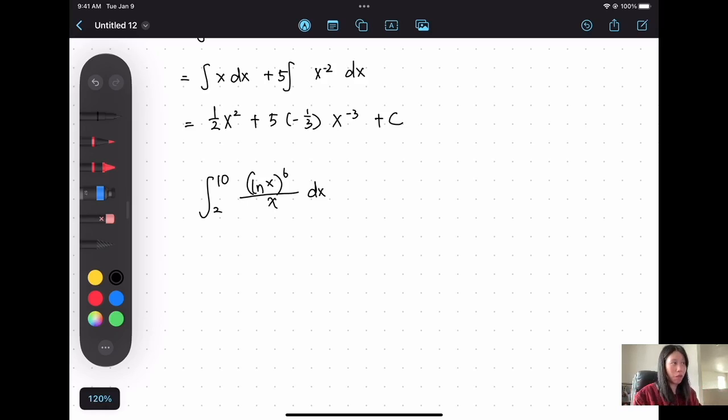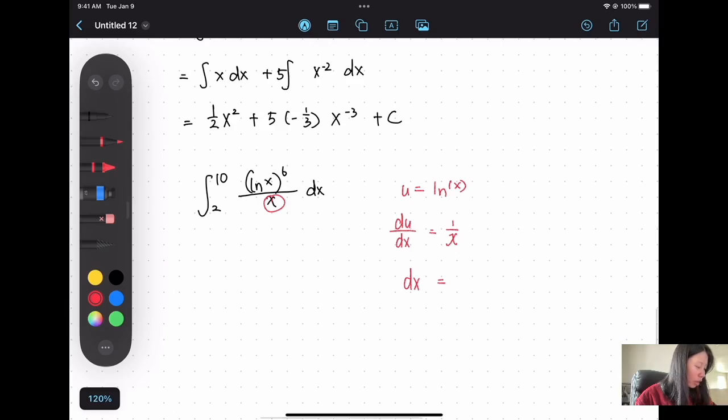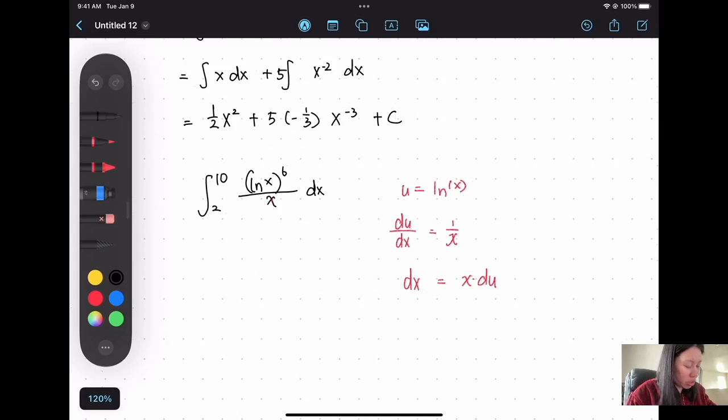In this one, I will let u equal ln x, because when we take the derivative of u, I will get 1 over x, which is in here. So our dx equals, multiplying both sides, x times du.